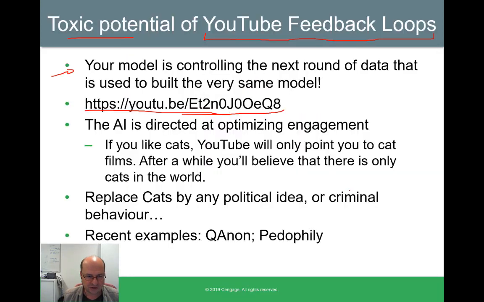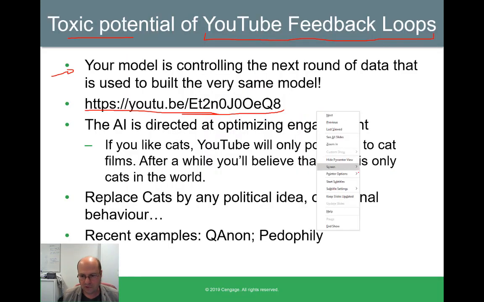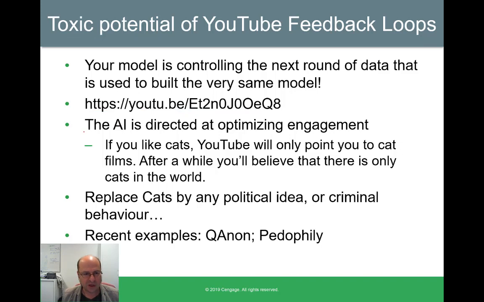That's what YouTube does. That's the feedback loop in YouTube. The YouTube AI is directed to optimizing engagement. YouTube wants us to watch more and more, because then there are more clicks for the sponsors and they get rich.